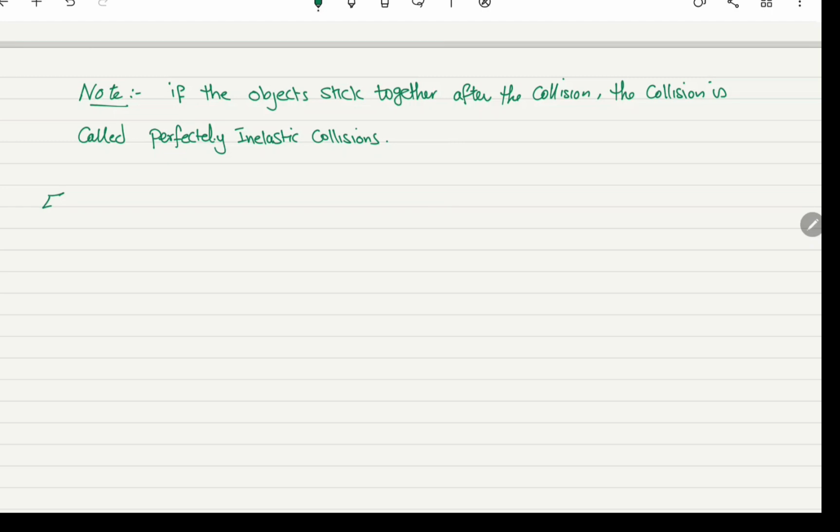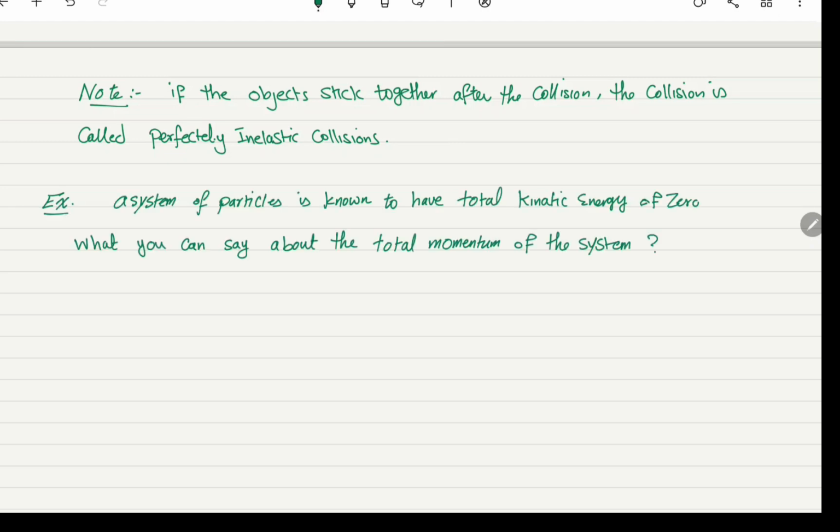Example. A system of particles is known to have total kinetic energy of 0. What can you say about the total momentum of the system? Remember, kinetic energy is related to the velocity. Kinetic energy is equal to half mv square.